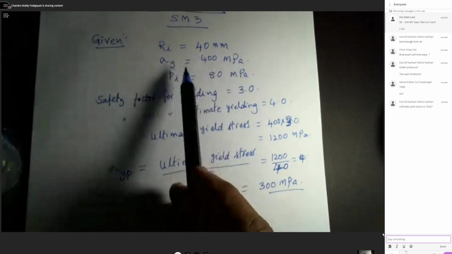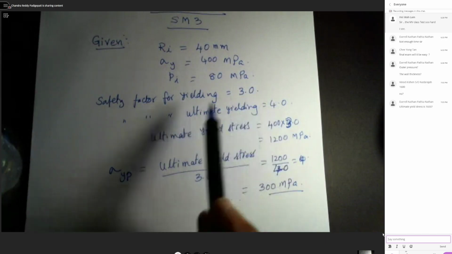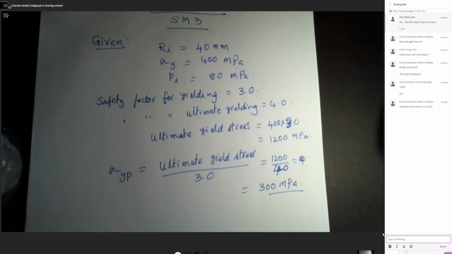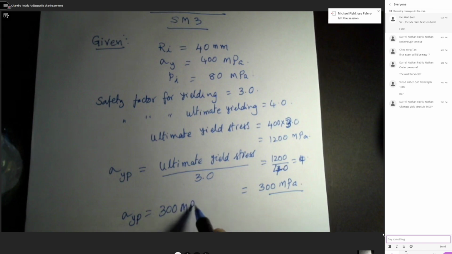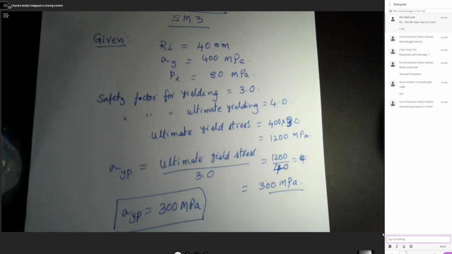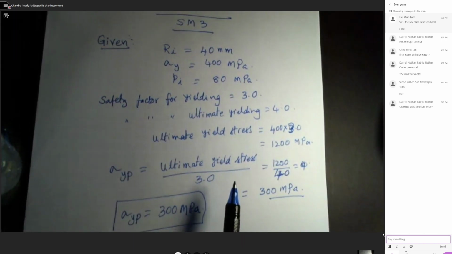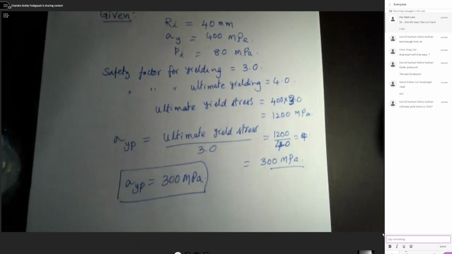So you need to reduce from 400 to 300 megapascals considering the safety factors. Now sigma yp, the plastic yield stress, we can take as 300 megapascals. This is the additional information we can interpret from the description of the problem.